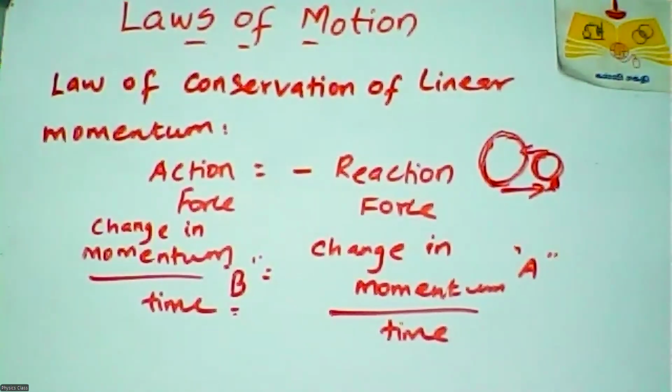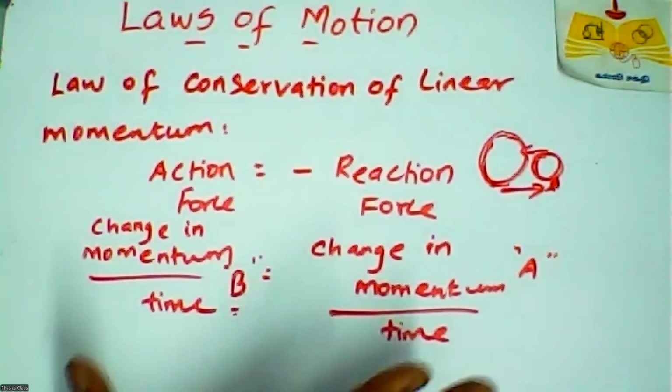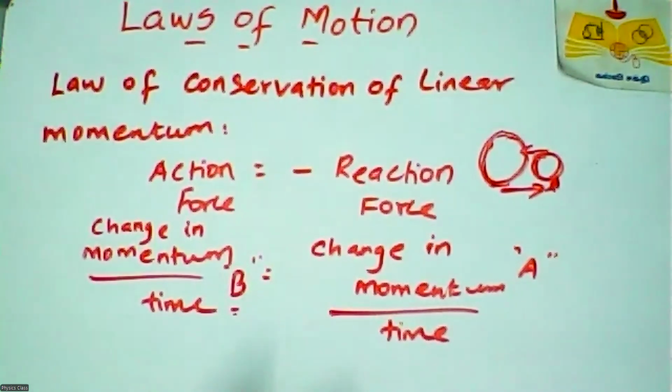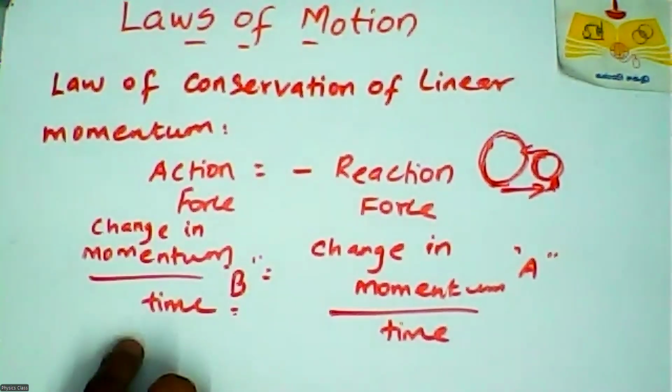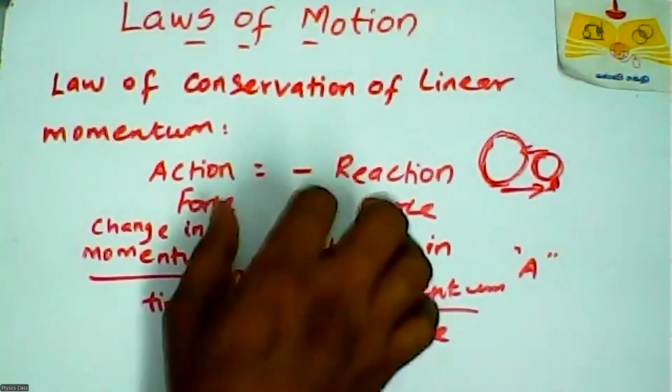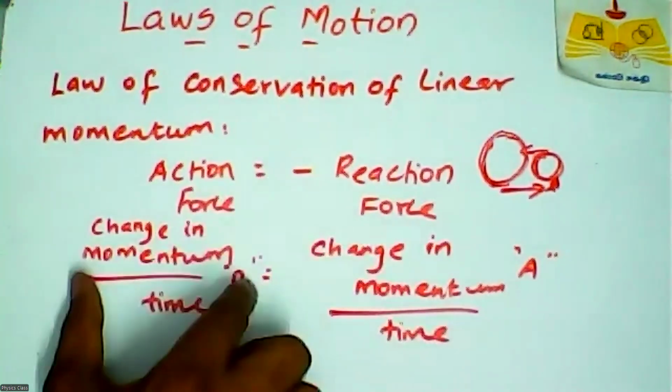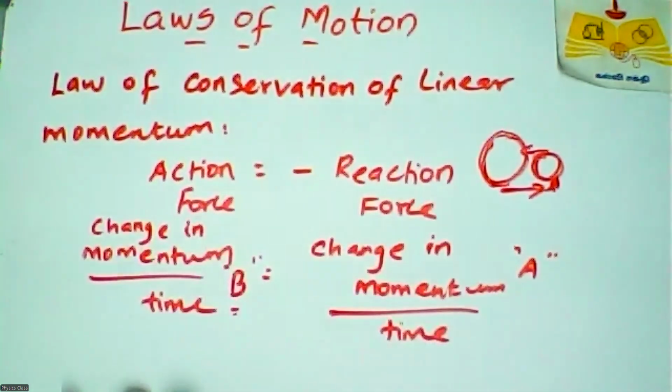Whatever the mass, whatever the velocity, this is a universal concept. So whatever force is acting, that force will change the momentum. It may be small or huge, it does not matter, but the momentum will change.